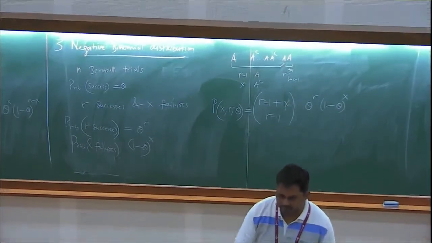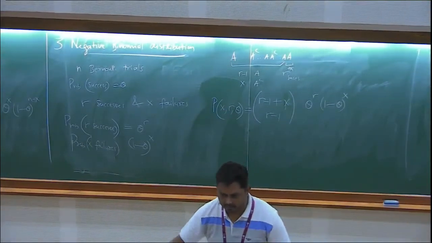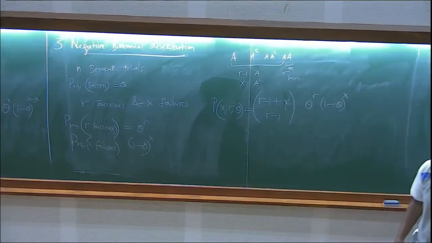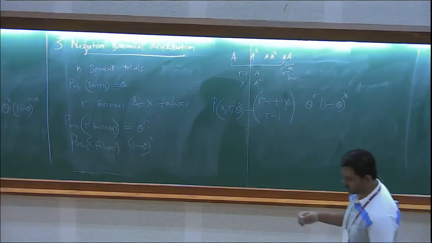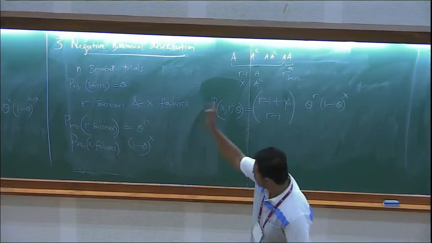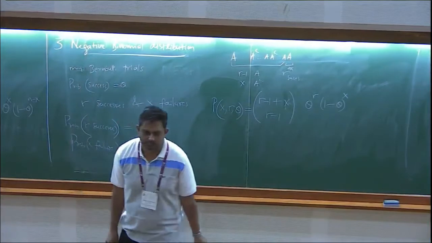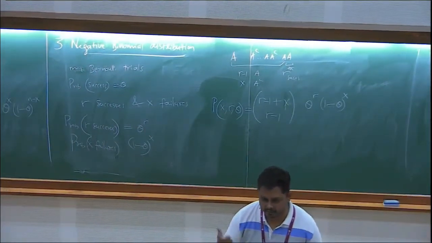So it's not a conditional thing that there are R of them and then n minus R failures. It's not that. Just keep doing trials until I get R successes and X failures. I can forget many Bernoulli trials. Just keep doing Bernoulli trials until you get R successes and X failures.